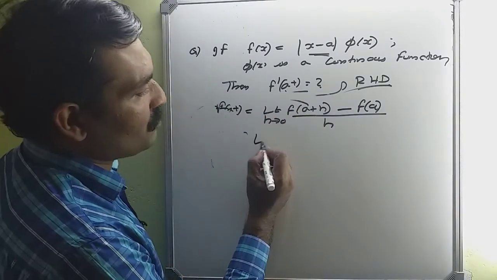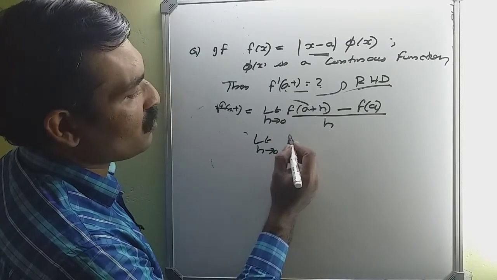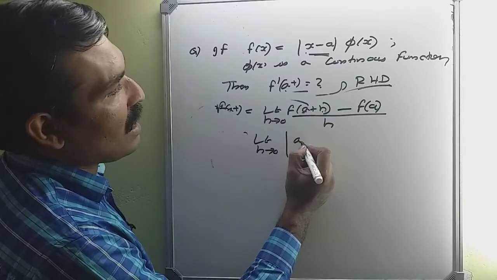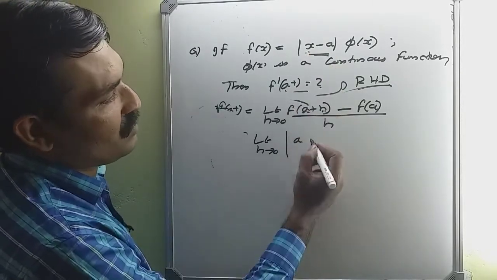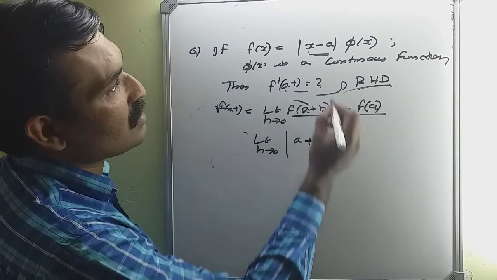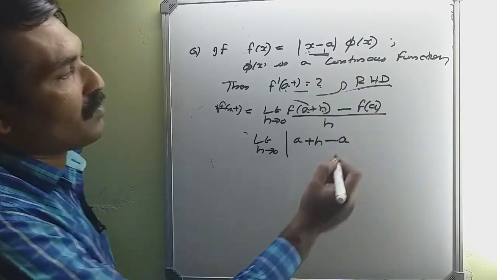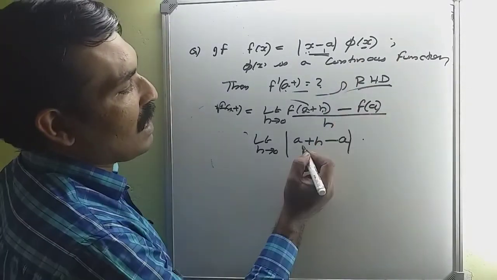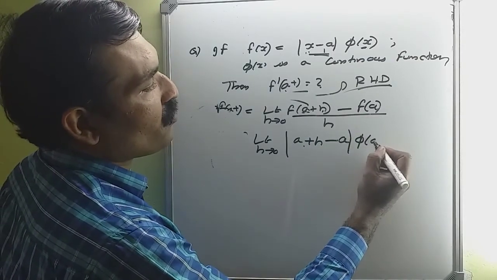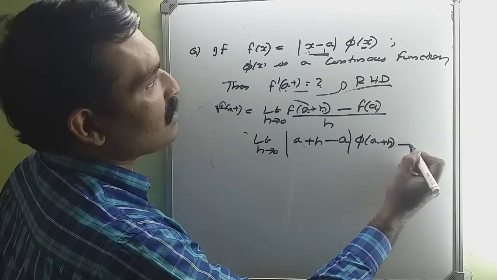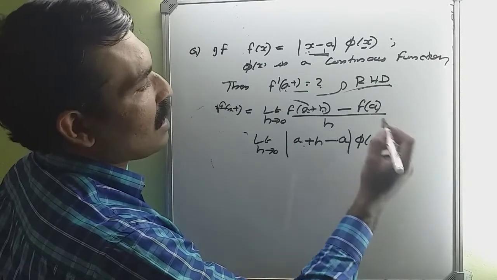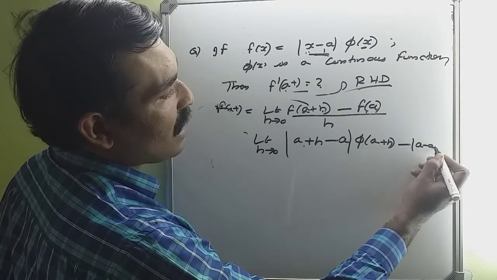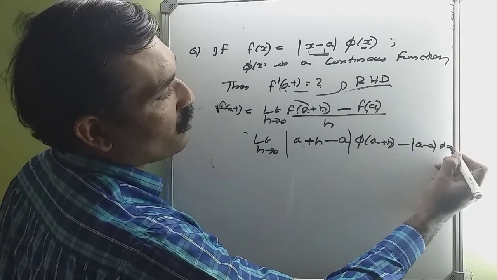So this is equal to limit h tends to 0. What is f of a plus h? f of a plus h is mod of x minus a, where x is replaced by a plus h: mod of a plus h minus a, into phi of a plus h, minus f of a, that is mod a minus a into phi of a.